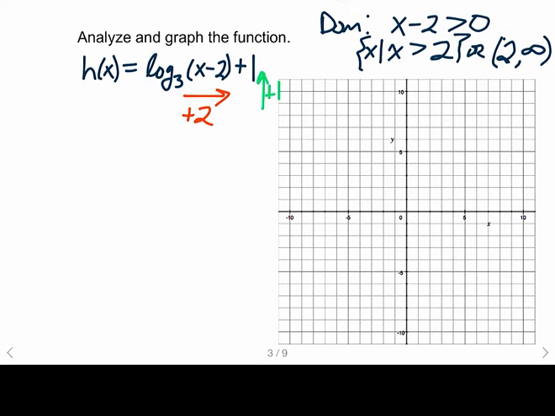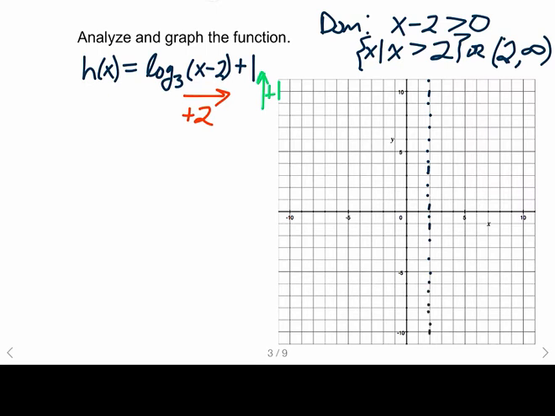Remember that there is a vertical asymptote, and like I said, that's obtained from the domain. In our last two examples, the vertical asymptote was the y-axis. In this case, we have a horizontal translation to the right, and so that vertical asymptote moves to the right by 2 units. So I'm going to draw that vertical asymptote.